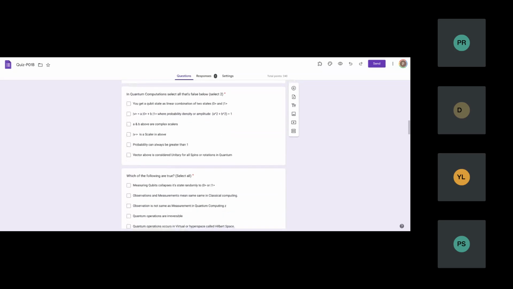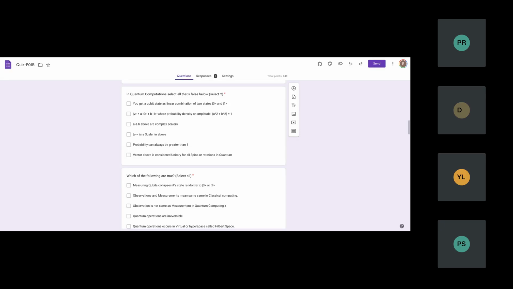Then, in quantum computation, select all that's false below. I said to select only two, so there are many things wrong. Go over it. A qubit state as a linear combination of two states 0 and 1 is true.